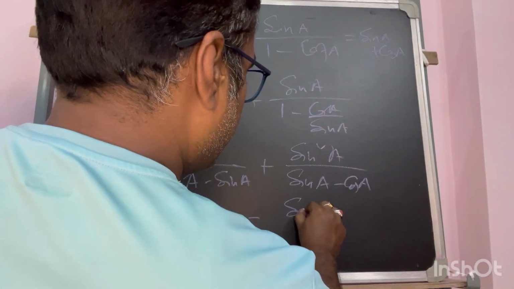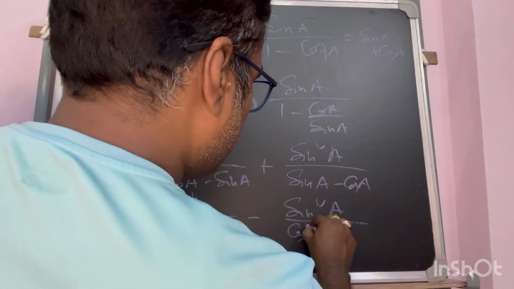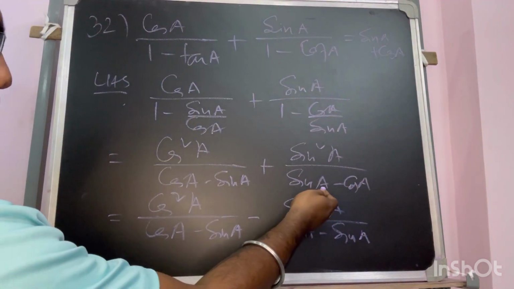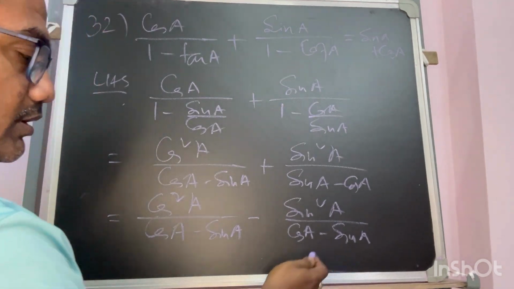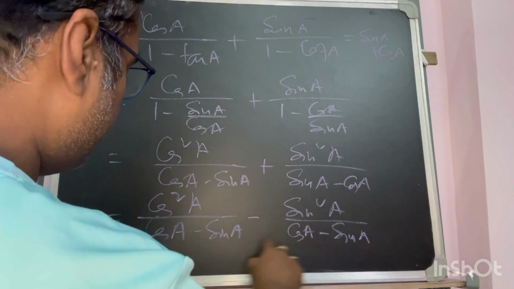So I will take minus common in the denominator. Either you can change the sign of the numerator or the denominator. Here the possibility is changing the sign of the denominator, so that it turns the denominator into the same form.